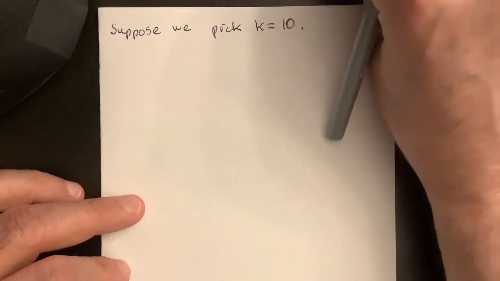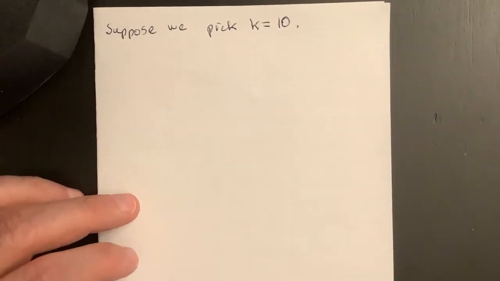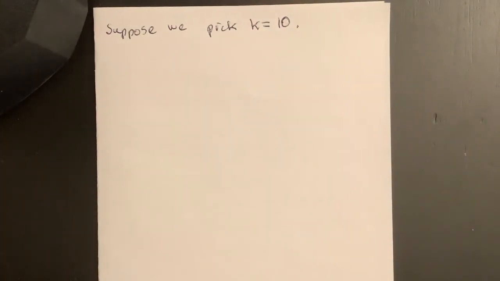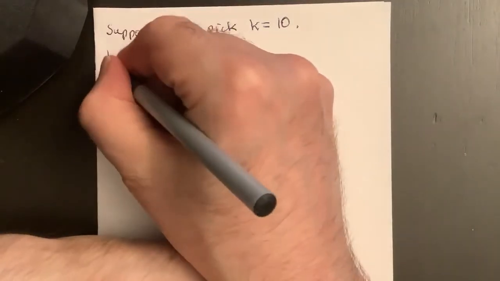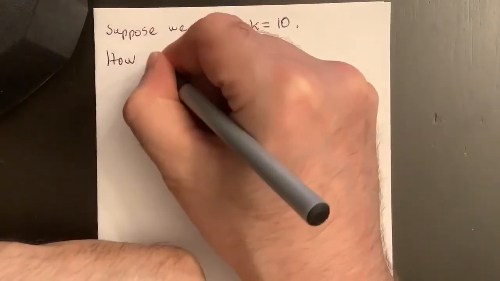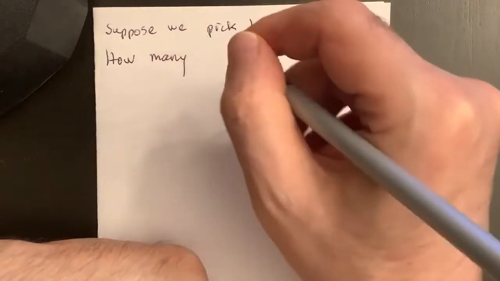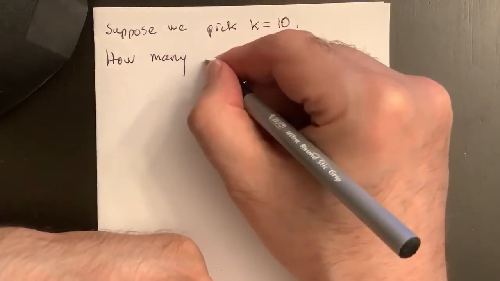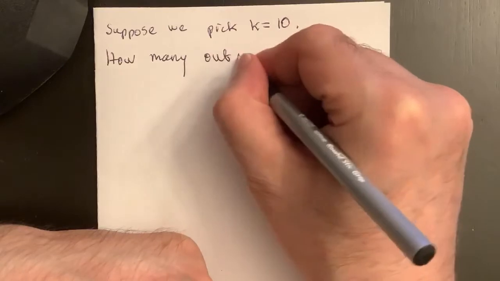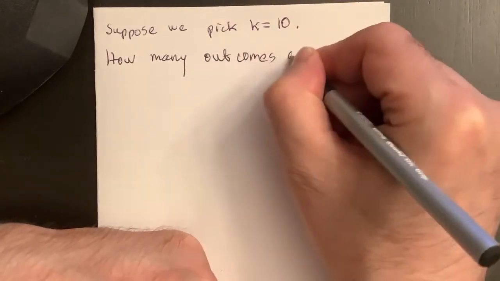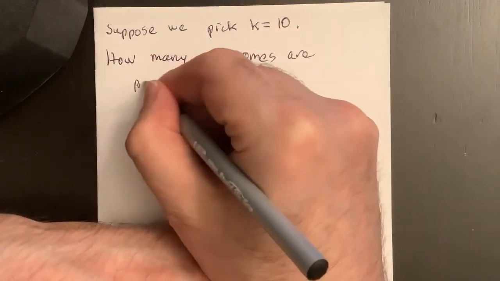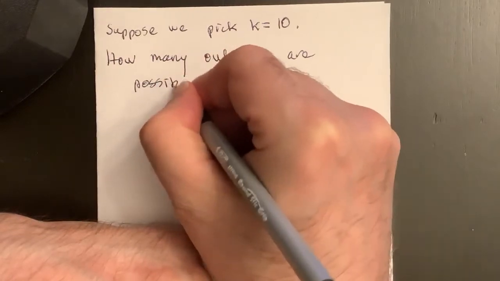Suppose we pick K equals 10. All right. What can happen? What are the outcomes of the test? How many distinct and different outcomes are possible? This could mean several things, so I have to be clear.